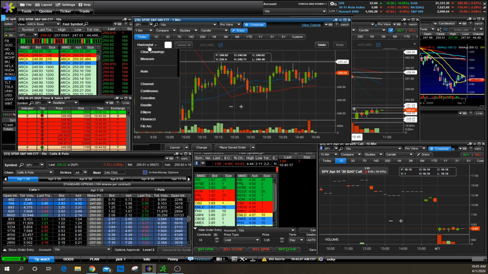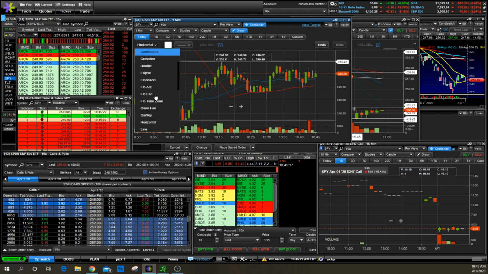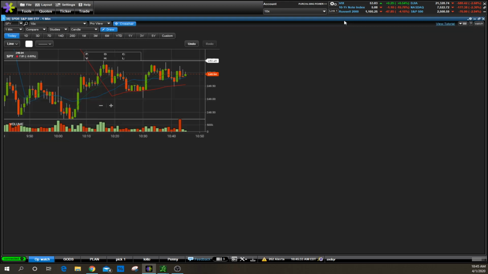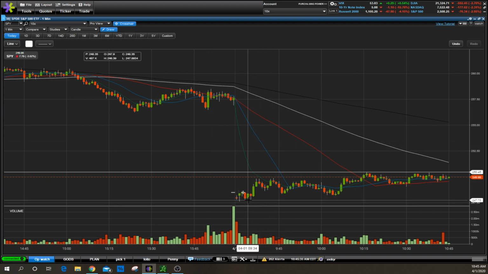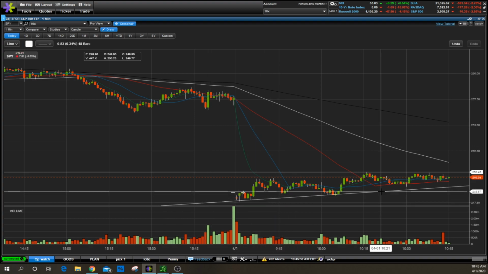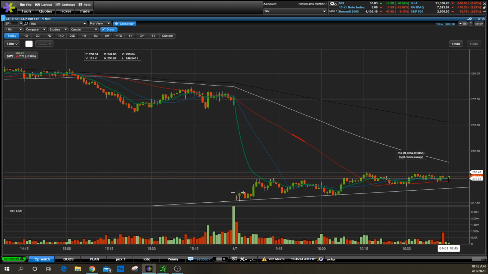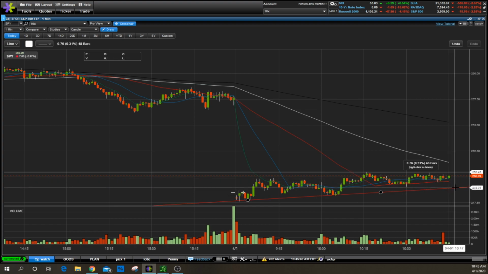I'll set a trend line to mark these lows, from this low to that low. From low to low, I wouldn't be surprised if it comes down and wants to touch this line again.